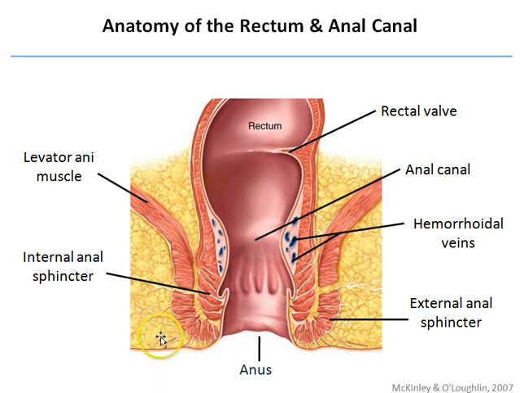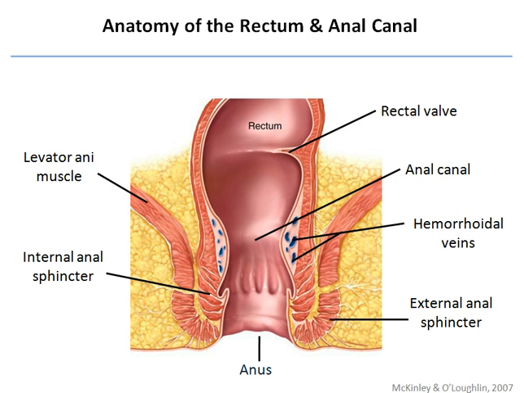Muscular valves control the release of the feces from this region. Smooth muscle for the internal anal sphincter, the relaxation of that is controlled by a reflex action. The other one here, the external anal sphincter, relaxation of that is voluntary, so you decide when this is relaxed.